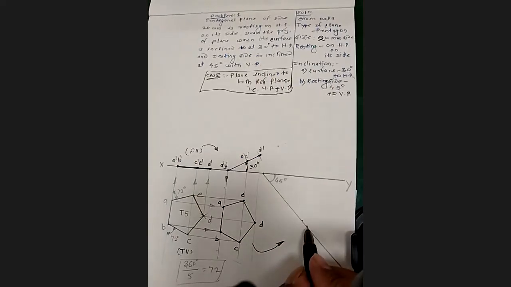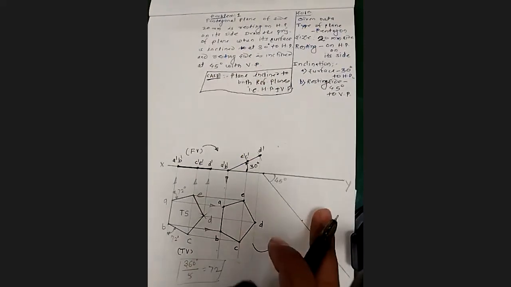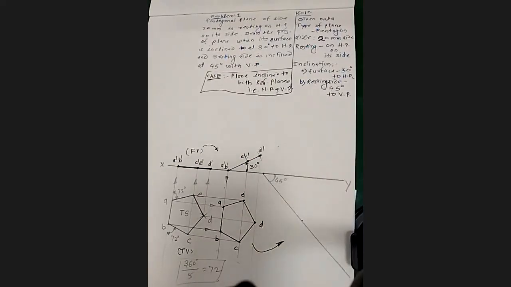Similarly, we have to get this top view as it is, but in an inclined position here. This is the one method to get your answer; I will explain this, and there is an alternate method that I will take next time.